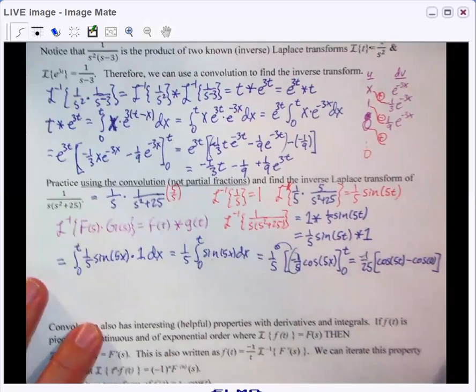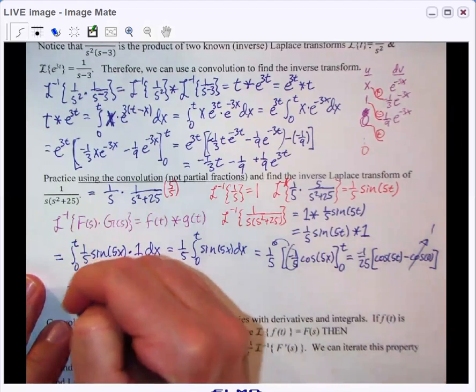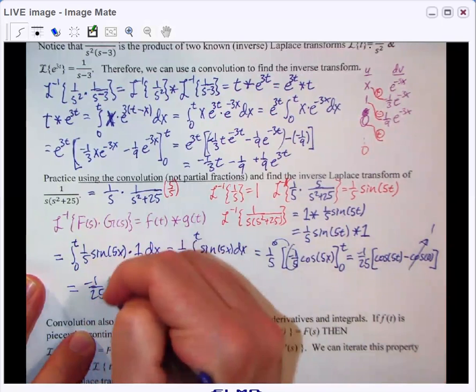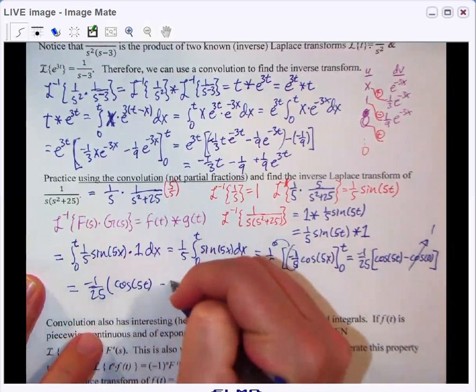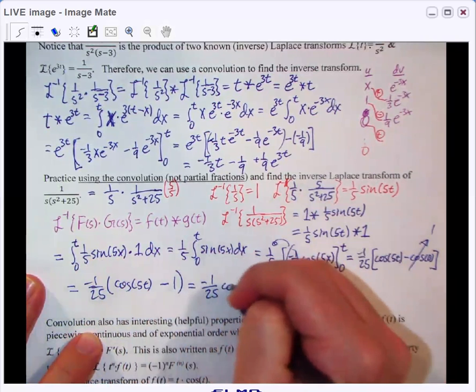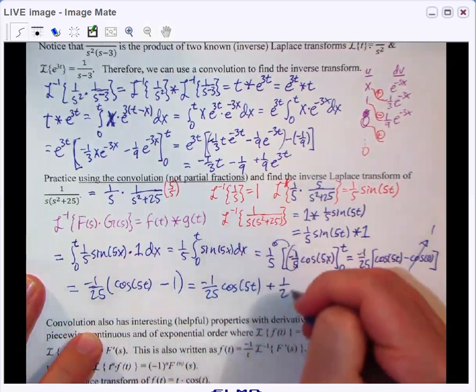And we like 0 because the cosine of 0 is 1. So we would then get negative 1/25 times the cosine of 5t minus 1. Or if you wanted to, you could distribute that through: negative 1/25 cosine of 5t plus 1/25.